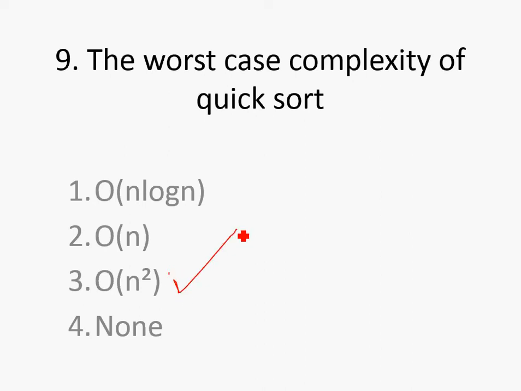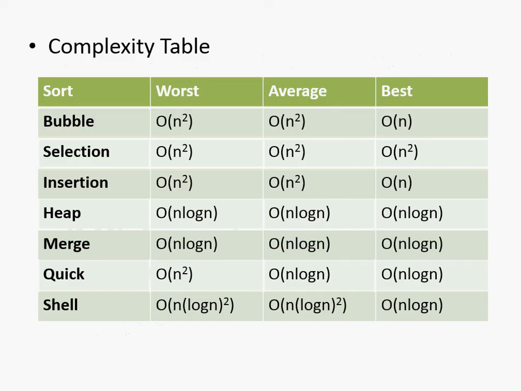So simply we can remember a chart for it. For detailed explanation we don't go here, just remember this chart for bubble sort, selection sort, insertion, heap, merge, quick, and shell sort.